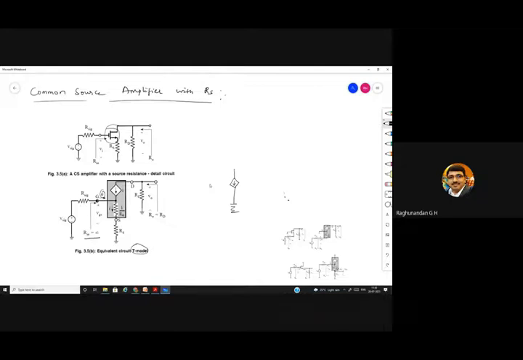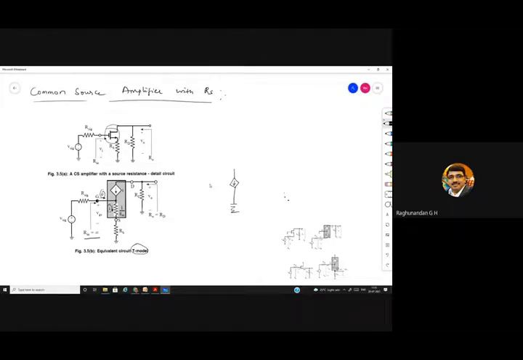Now, this MOSFET is represented by a current source and a transconductance, which is going to have the current I. This current I is nothing but the same current which is produced at the drain terminal, and it is a dependent current source.